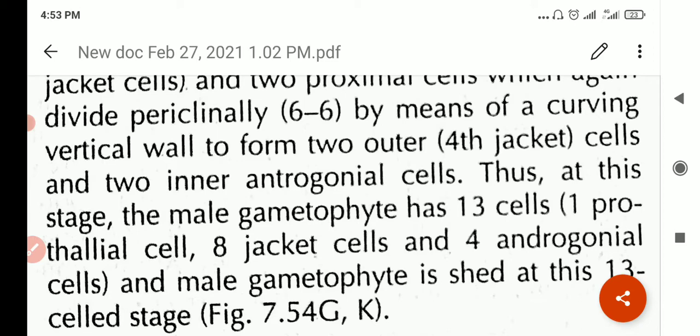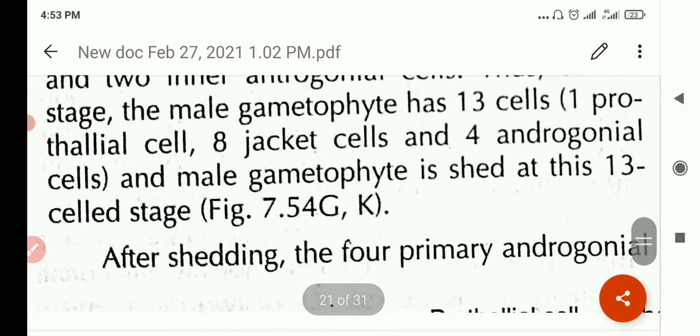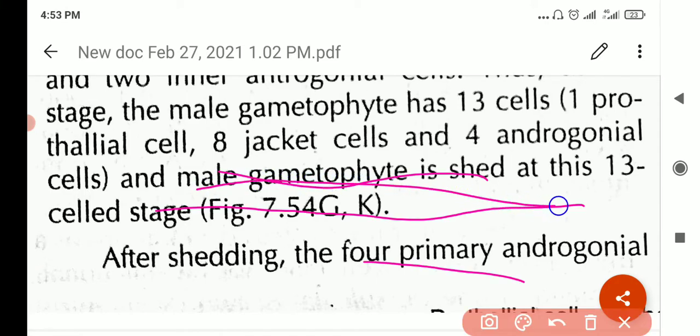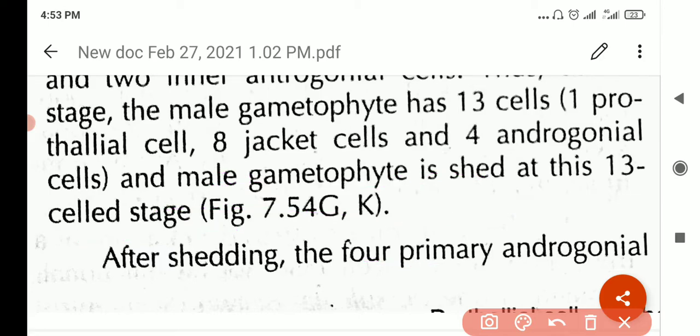Thus, at this stage, the gametophyte has 13 cells: 1 prothallial cell, 8 jacket cells and 4 androgonial cells. At the 13 cell stage, the male gametophyte will be pushed out of the sporangium.